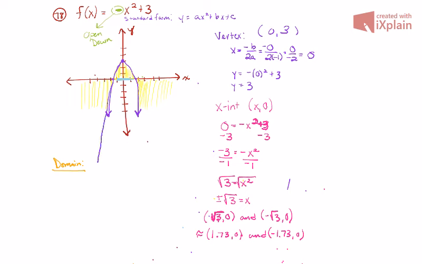You have to use your imagination a little bit, but hopefully my explanation is also helping. So this parabola is going to use everything eventually. Since I'm using everything, my domain will run from negative infinity to positive infinity.